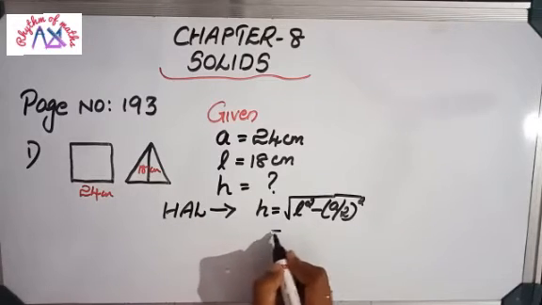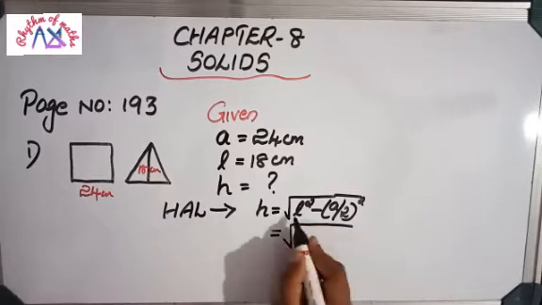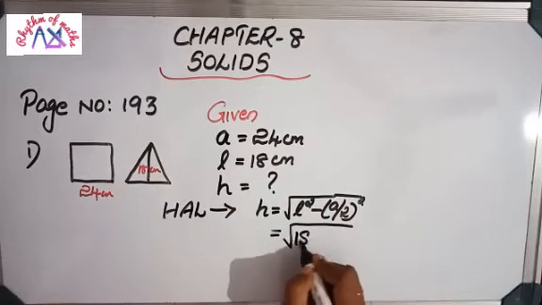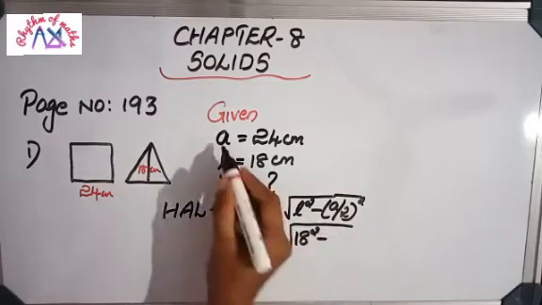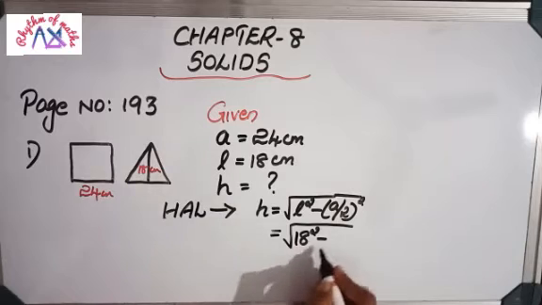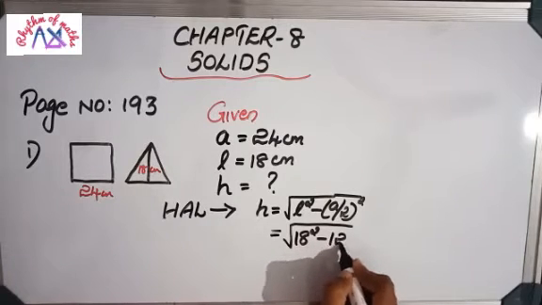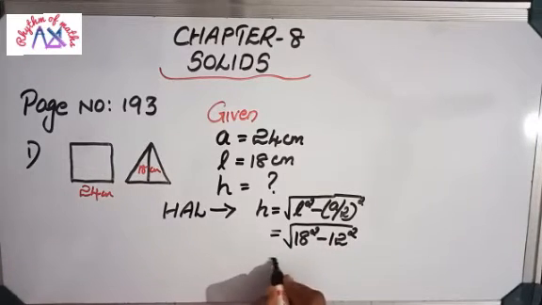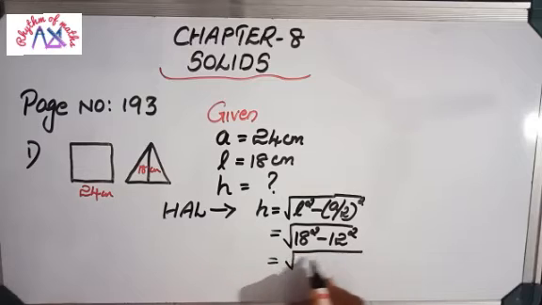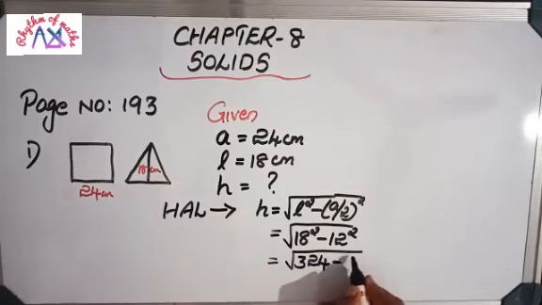Now let's apply. H equal to root of L square, that means 18 square, minus A by 2 the whole square, that is 24 by 2. 24 by 2 is 12. So 12 square. 18 square is 324 minus 12 square is 144.